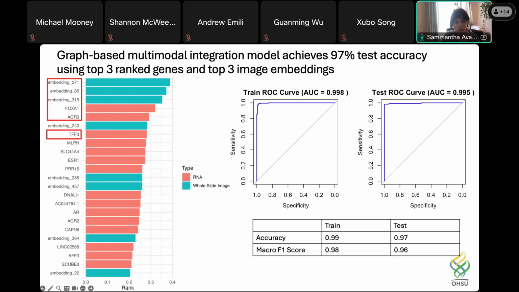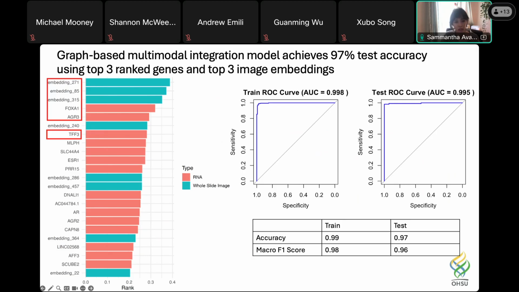And so here we can see that our multimodal model that used the top 3 ranked genes as well as the top 3 image embeddings did pretty well, where for training, we achieved an accuracy of 99%, as well as a macro F1 score of 98%, whereas for testing, we achieved an accuracy of 97% and a macro F1 score of 96%.